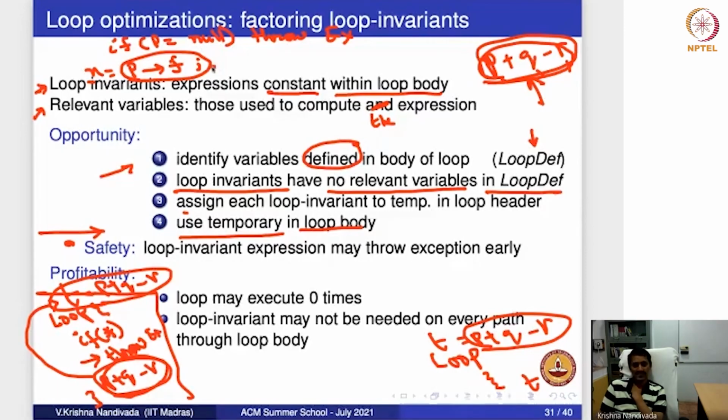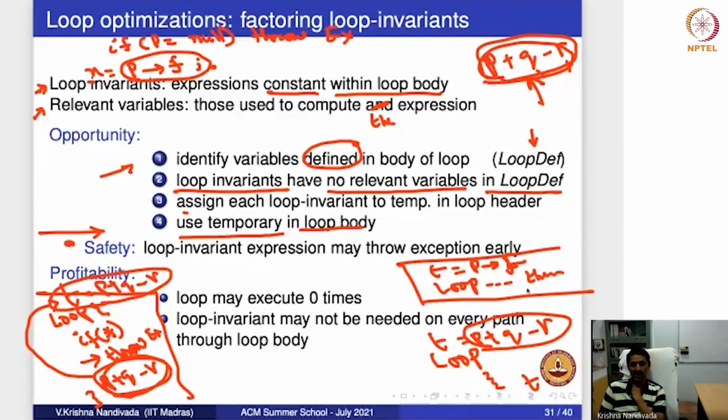If I move this thing outside the loop, what will happen? The code will be T equal to P arrow F, then loop. Somewhere here I have a throw followed by X equal to T. If P is null, what will happen? This will be a seg fault. Here I should have thrown a different exception.